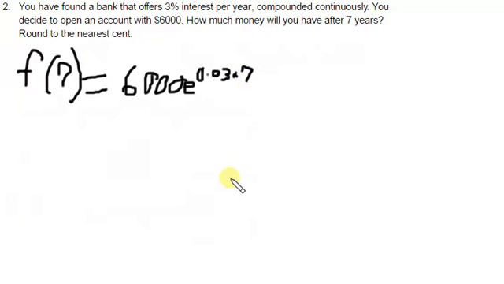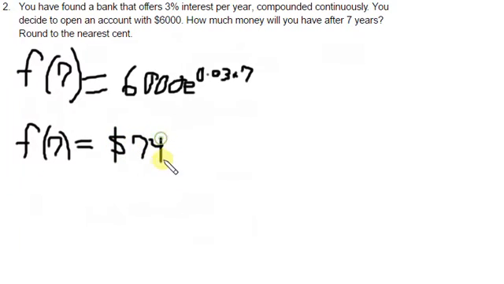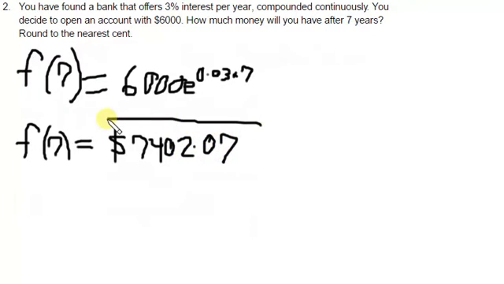So then we can just solve for our f of 7 by plugging this into a calculator and getting our final answer. Remember, we have to round to the nearest cent, so f of 7 is roughly equal to $7,402.07.